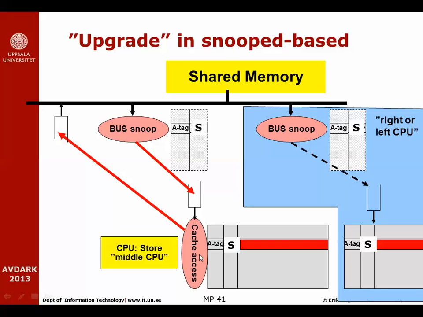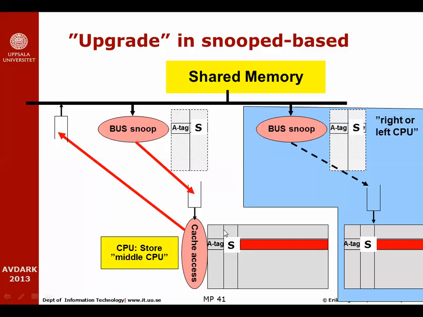First of all, this is the initial state before the write occurs. We have a shared cache line in the middle cache, and the right cache and the left cache are represented by what's going on in the blue box here. And the CPU wants to perform a store operation, which means we will do a lookup using the cache access state machine here.